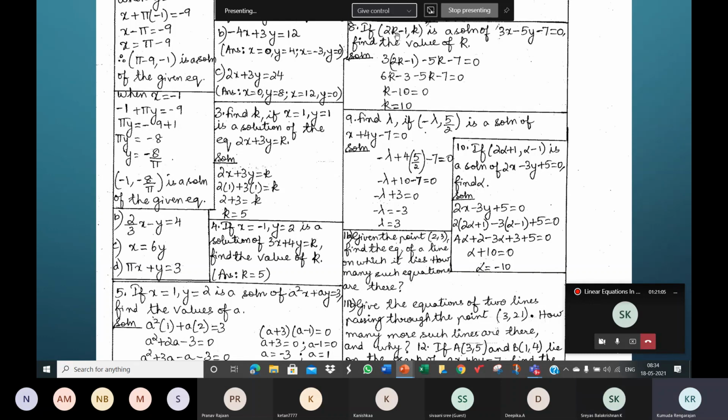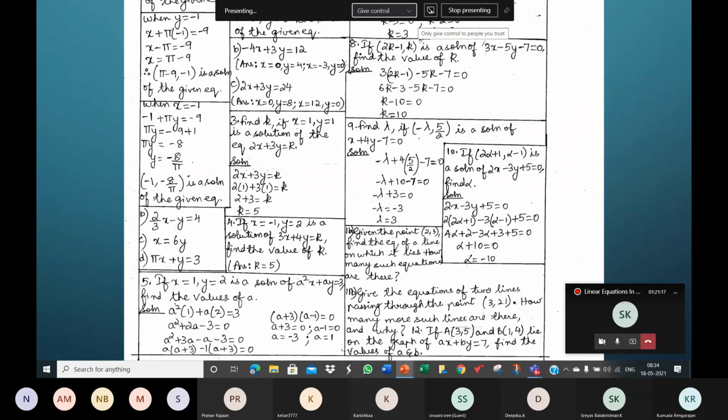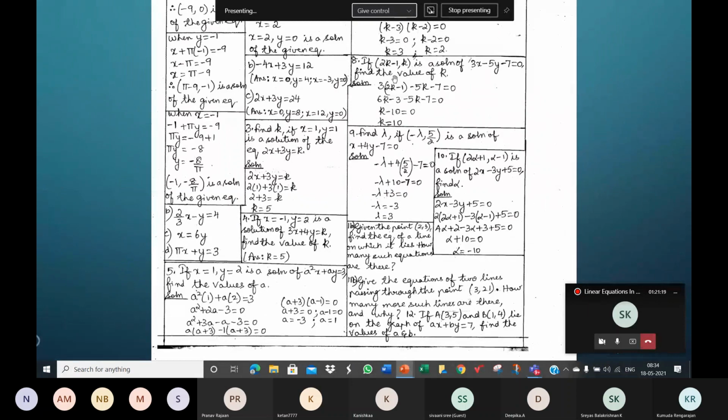In place of x, you see 2k minus 1. In place of y, you see k. This represents a point 2k minus 1 comma k, where the x coordinate is 2k minus 1 and the y coordinate is k.